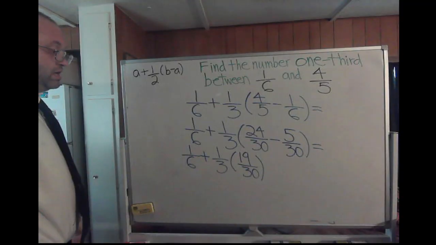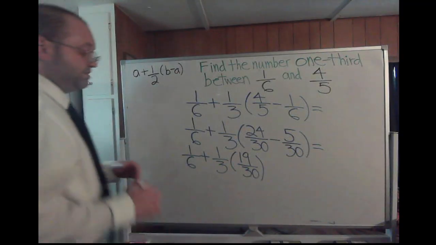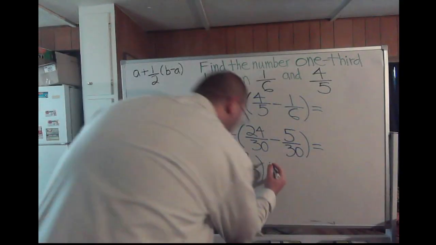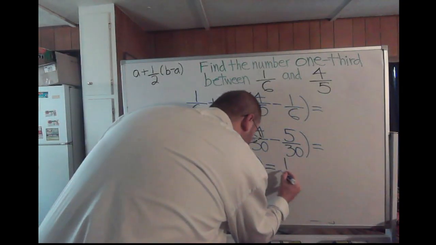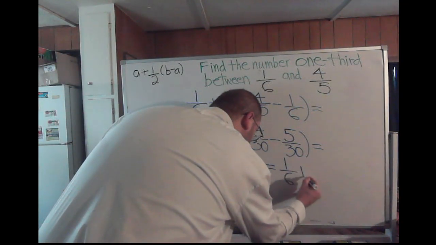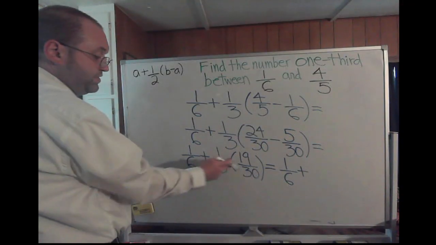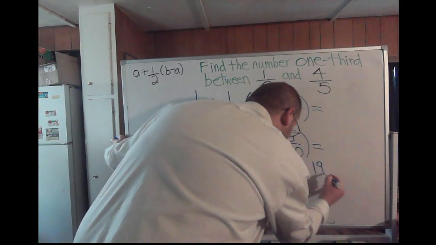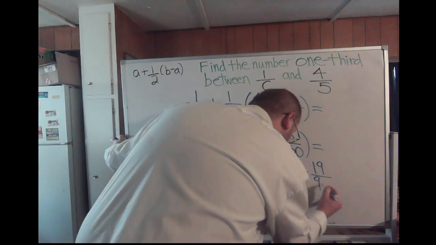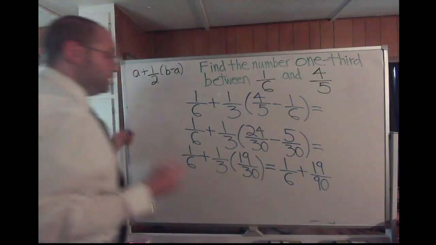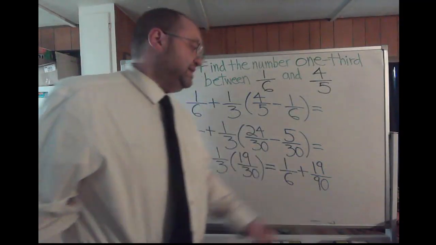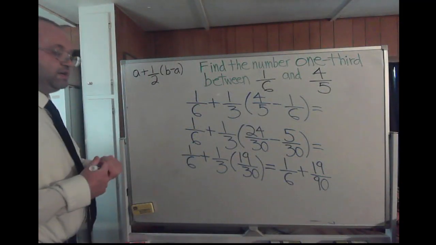So we've at least got the single fraction in the parentheses now. Nothing cancels out, so what you're going to end up getting here is 1/6 plus 1/3 times 19/30. That would be 19/90. So now you have 1/6 plus 19/90. That's what you would end up having.